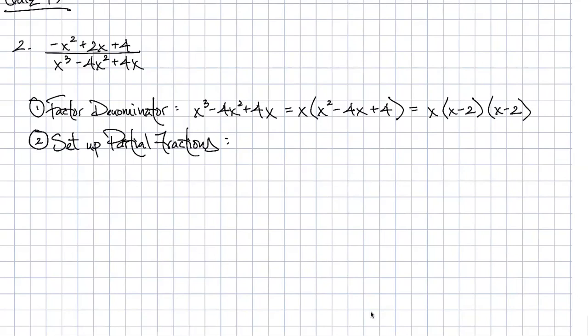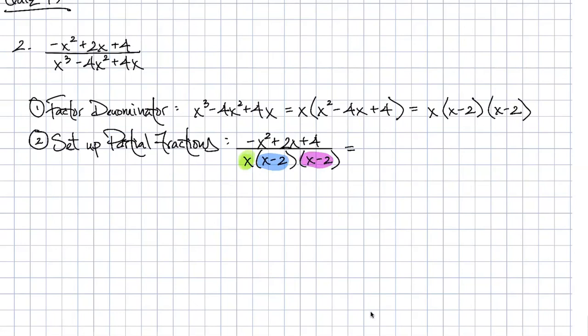So what we're saying is that this negative x squared plus 2x plus 4 over x times x minus 2 times x minus 2 came from 3 fractions added together. I know that it's 3 because I have one denominator, another denominator, and a third denominator.